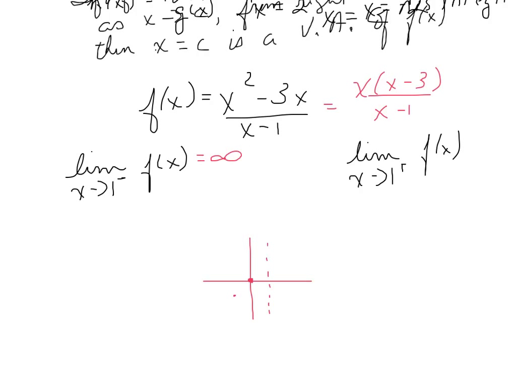Negative. So it's going to be down here somewhere. Then if I choose 3, we're going to have 0. So what does it look like is happening there? It's decreasing, so this one's going to negative infinity.